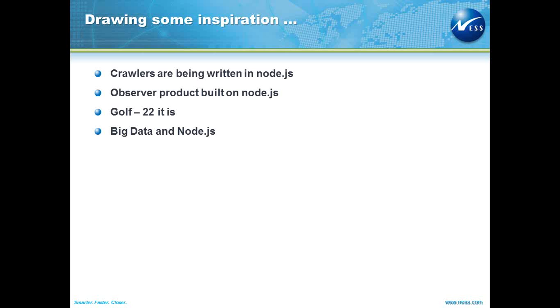We have apps built for golf as well, which give golfers a bird's eye view to understand where they are relative to the destination and bunkers and so on. Big data and Node.js is also set to take off to a great start sometime later this year.